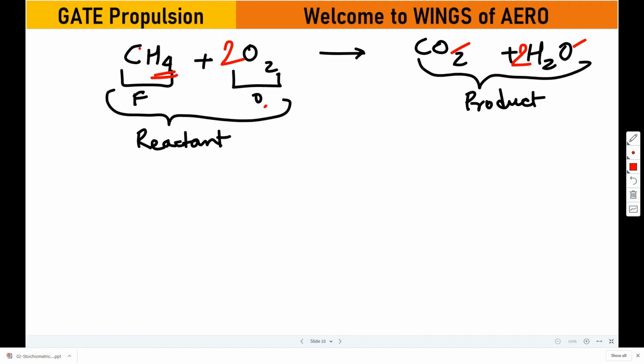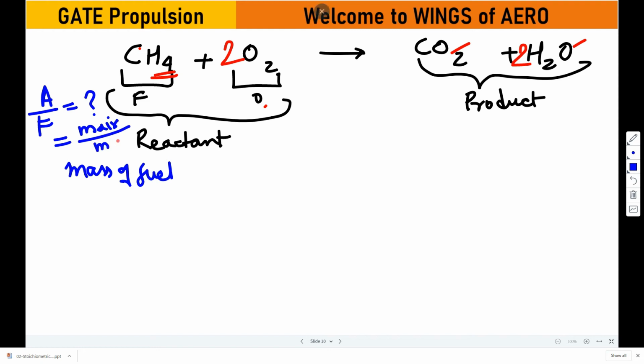Is it balanced? That means CH4 plus 2O2 will give CO2 plus 2H2O. After it gets balanced, you have to find the amount of mass of fuel, because our requirement is to find the air to fuel ratio. That means how to find the air to fuel ratio? Mass of air by mass of fuel. Now this is how to find the mass of fuel. What is the fuel? CH4.